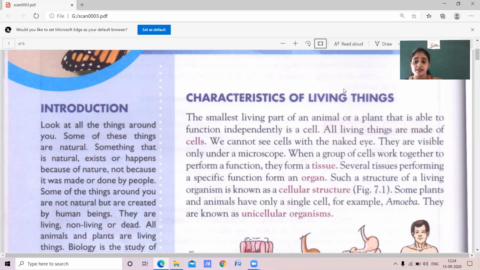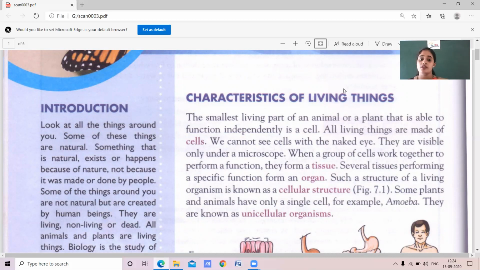For the existence of the whole living organism, the basic one is a cell, which performs different functions. Okay, and they have a particular shape. So all living organisms are made up of cells. Cell is a basic unit.